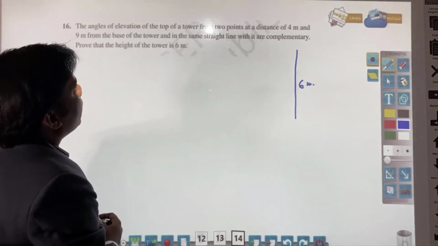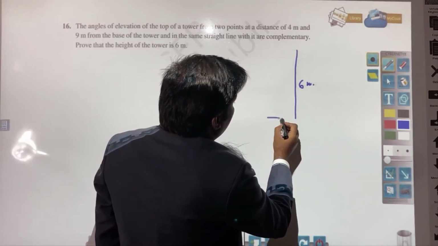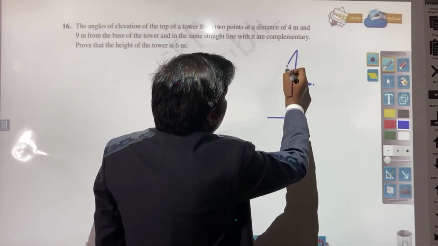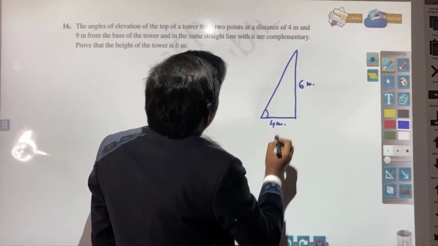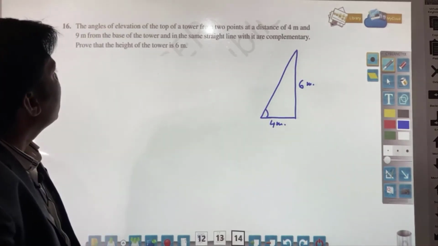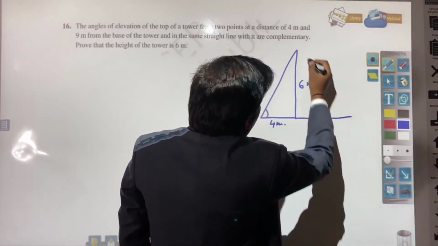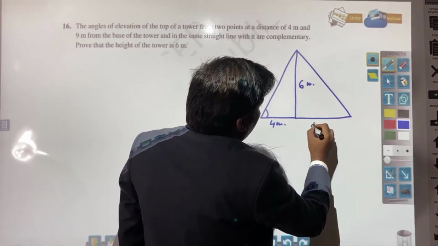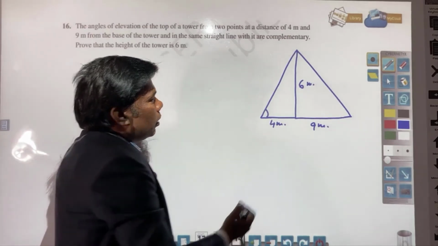You have 4 meter and 9 meter. Suppose this is 4 meter and this you have 9 meter. Or the same side also it may be.